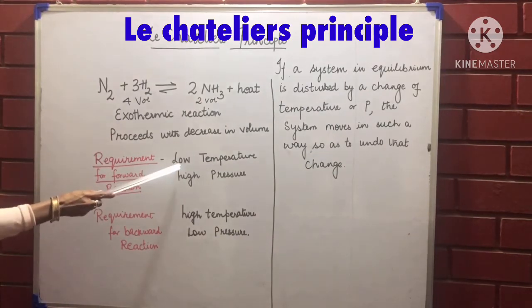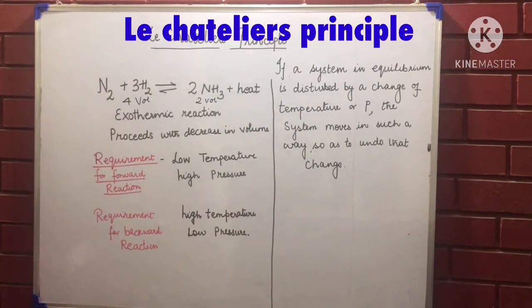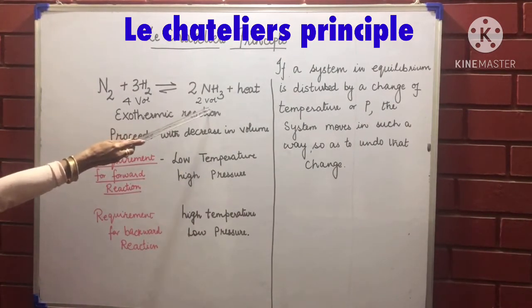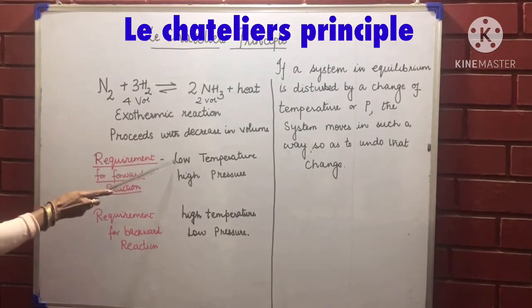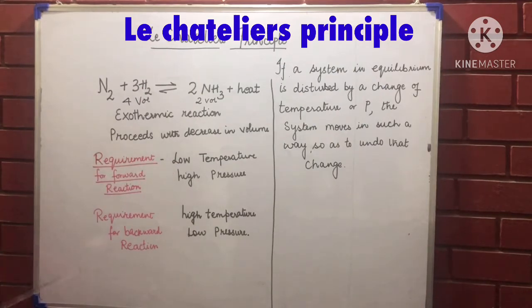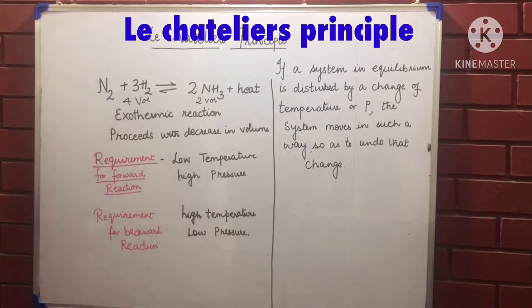It requires low temperature, but if I start heating it, the reaction will start moving in the opposite direction so that it moves in a way to undo this change. I have changed the temperature from low to high, and the reaction wants low temperature, so it will start moving in the opposite direction.